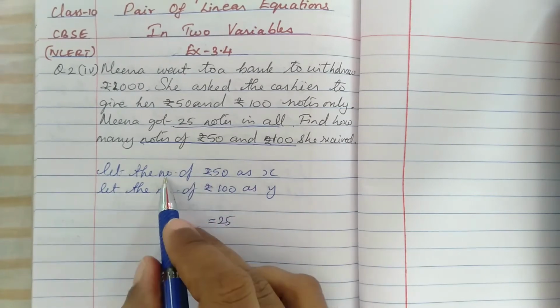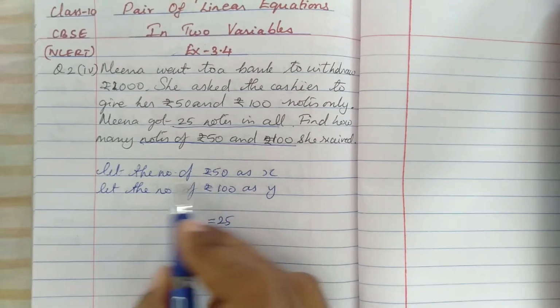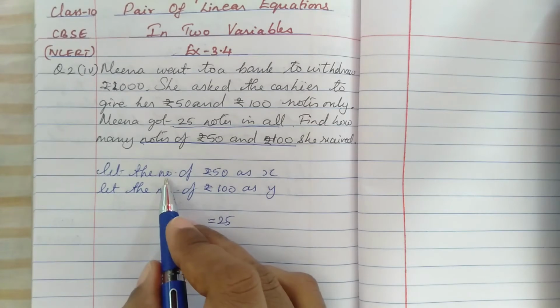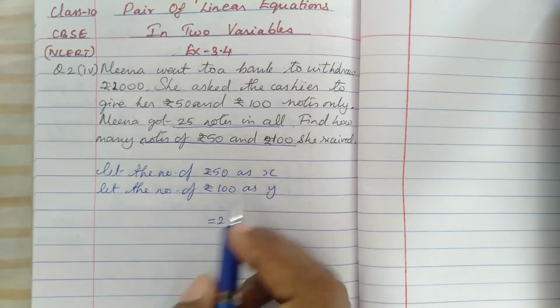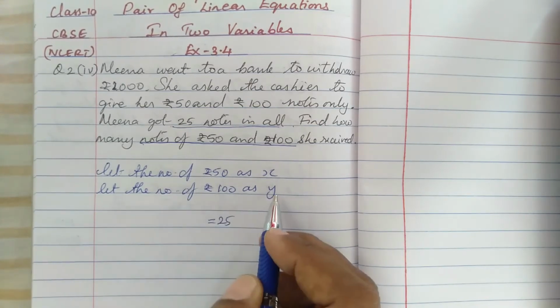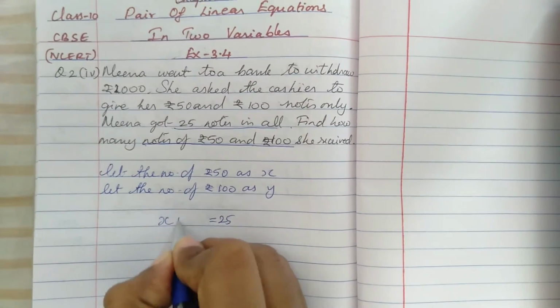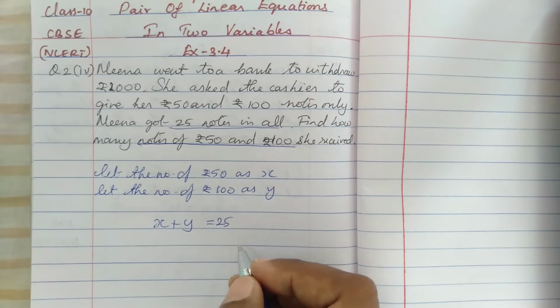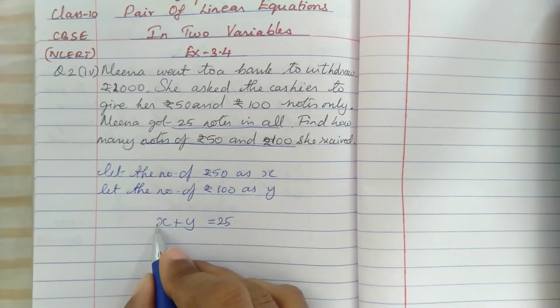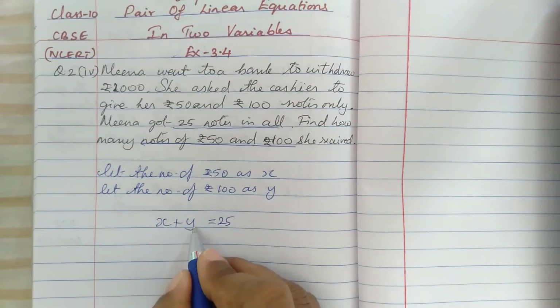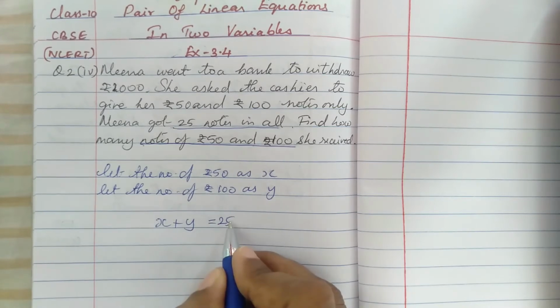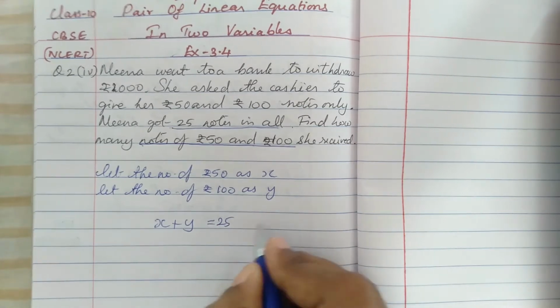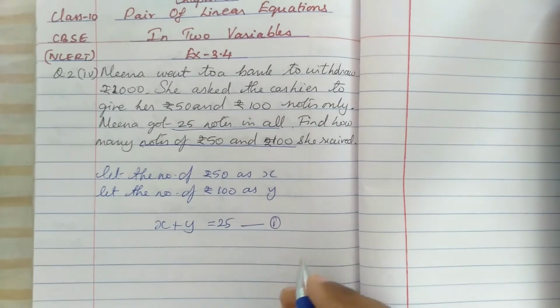Since we don't know the number of notes she received, we have named the number of 50 rupees notes as X and the number of 100 rupees notes as Y. So X plus Y will totally give you 25 notes. In total she has got 25 notes. So this makes your first equation.